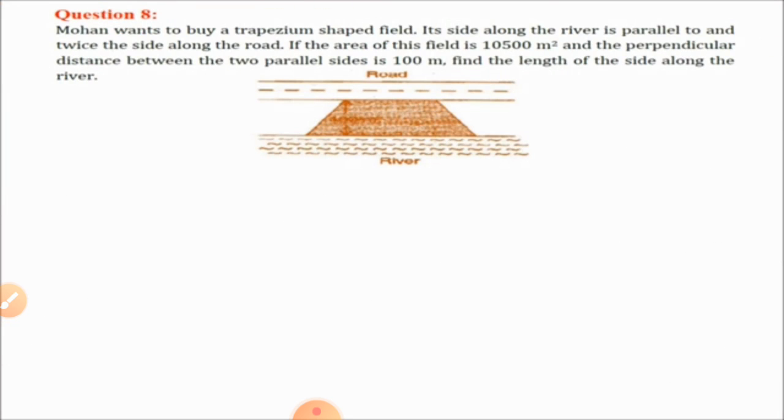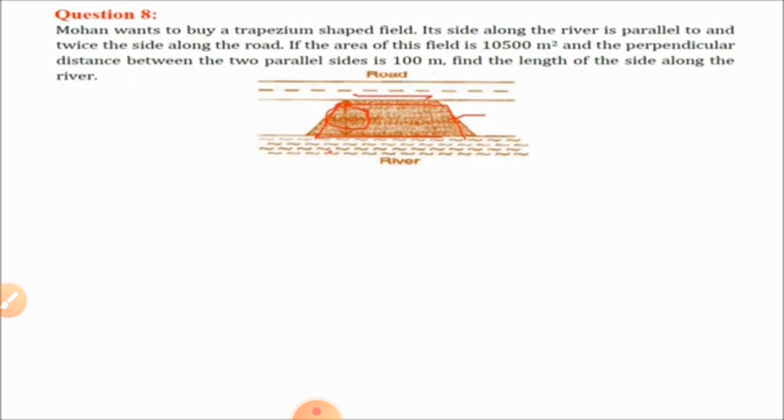Now a very good question is here. Question number 8. Mohan wants to buy a trapezium-shaped field. Its side along the river is parallel to and twice the side along the road. If the area of this field is this much and the perpendicular distance between the two parallel sides is 100 meters, find the length of the side along the river.